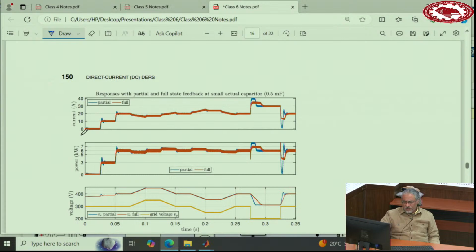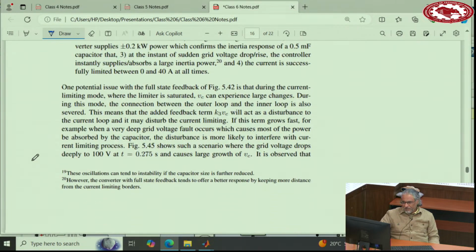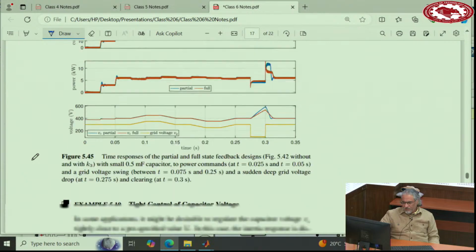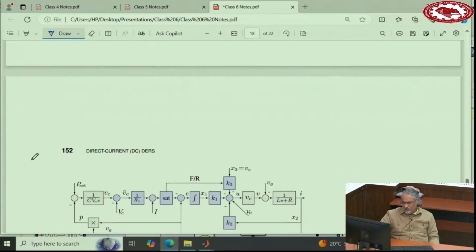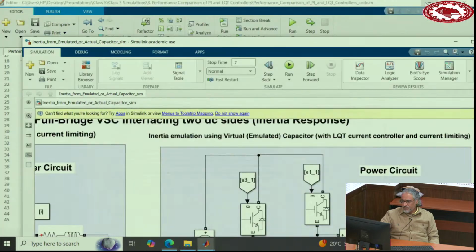And now you see those transients are gone, because it's full state feedback. Let me go to the simulation, I think, before. Yeah, let's discuss the simulation and we'll come back here.